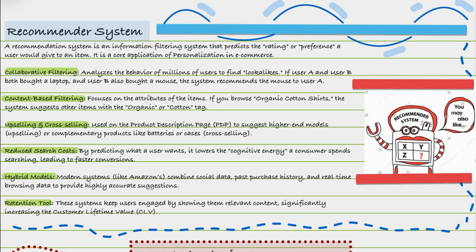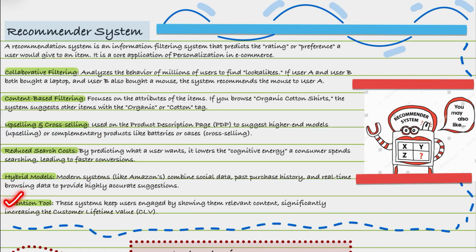So hybrid models use both upselling and cross selling. So what is upselling and cross selling? It is used on the product description page to suggest a higher end model, that is upselling, and complementary products, like cross selling. All right, so combining this, we have hybrid models.